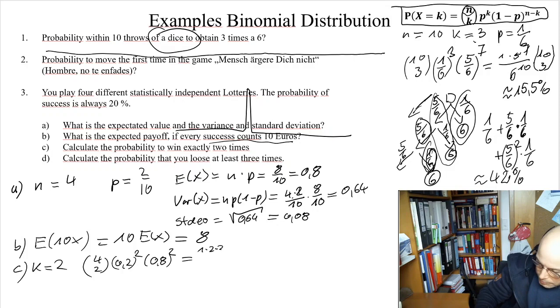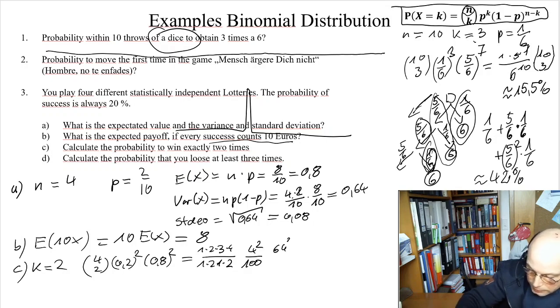So we have 4 over 2, 1, 2. And this is then 4 over 100, and this is roughly 50%.